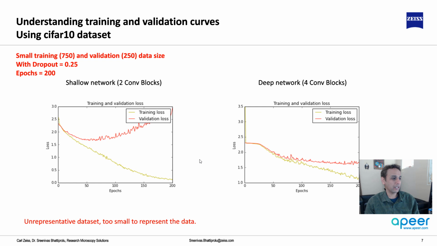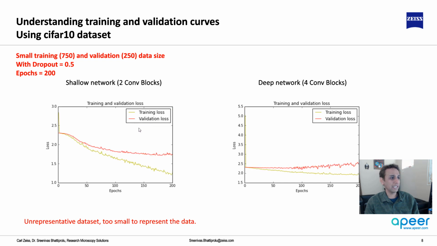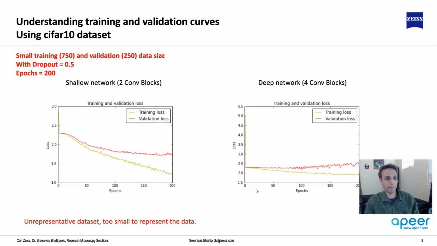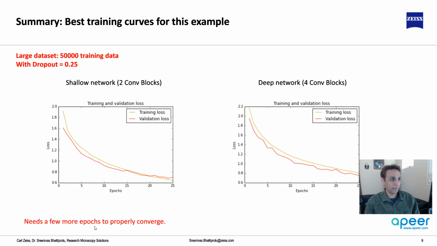But again, the whole point here is the data is unrepresentative, and you're trying to fit this to a limited amount of data. In this case, I increased the dropout from 0.25 to 0.5. It did get slightly better, but again, it's not really ideal. It all comes down to an unrepresentative data set.